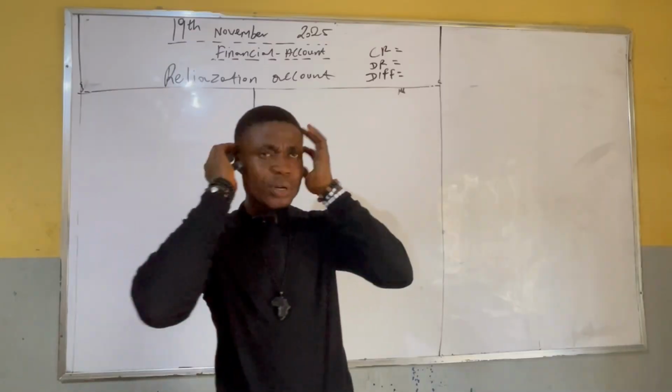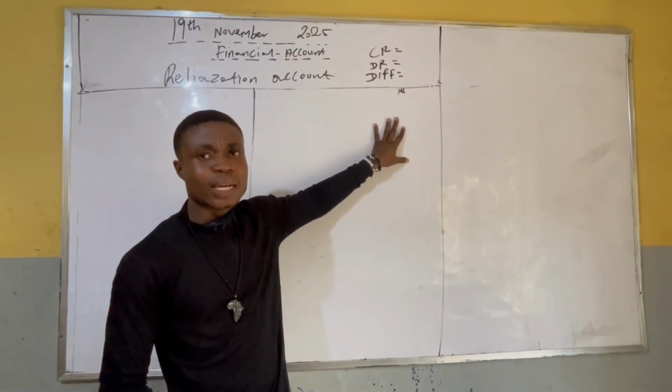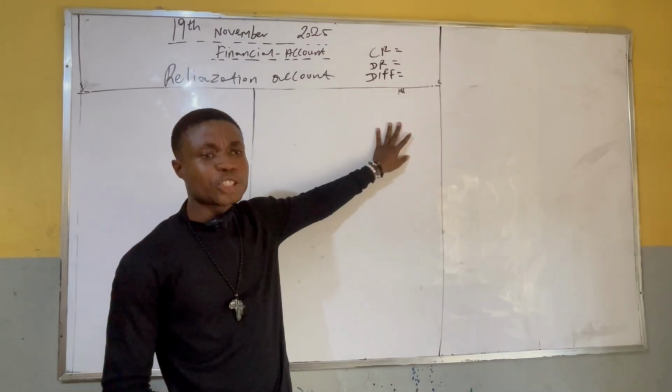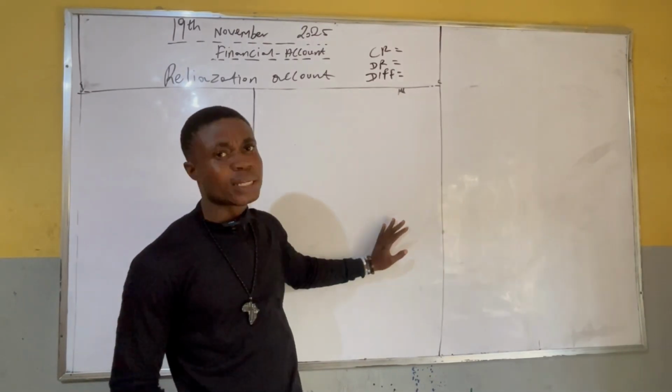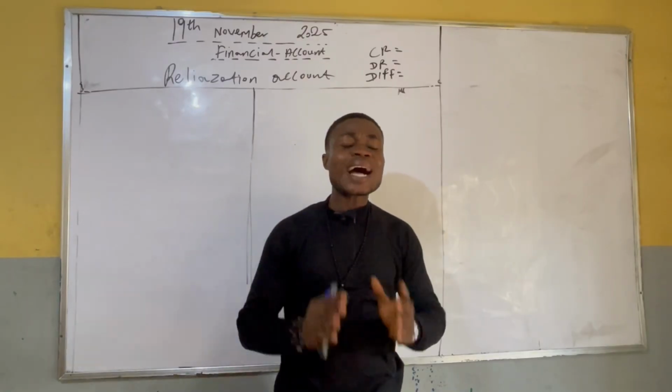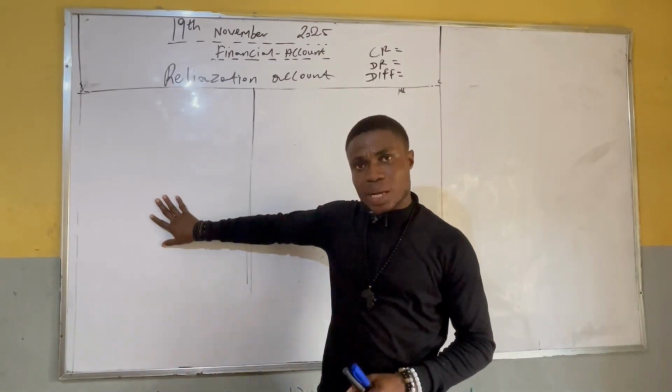Look at this account very well. At your credit side, all the information in the balance sheet will come to this particular side. But the additional information that is being given will come to this particular side.